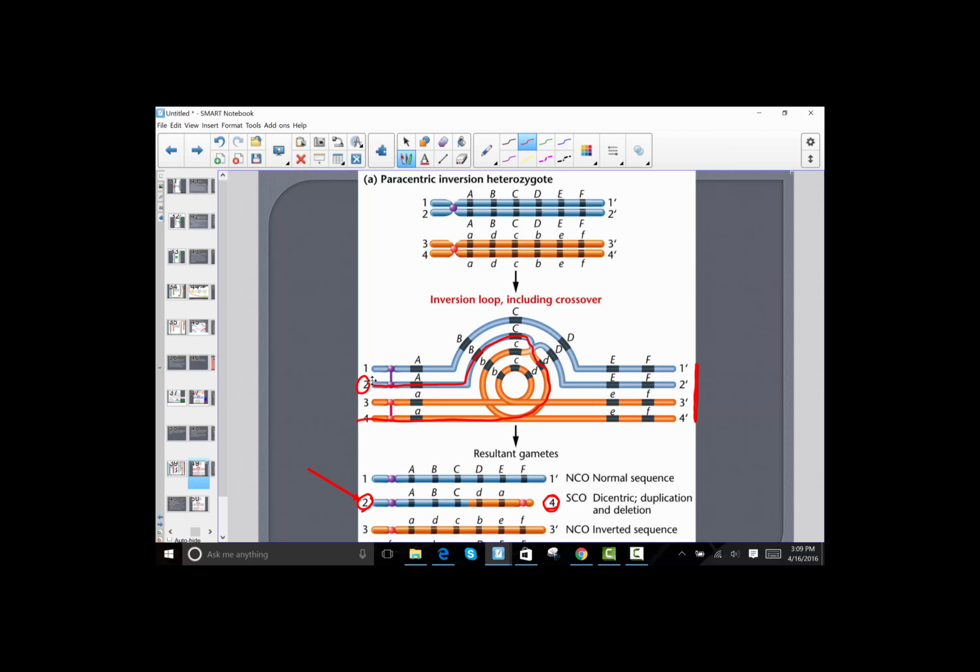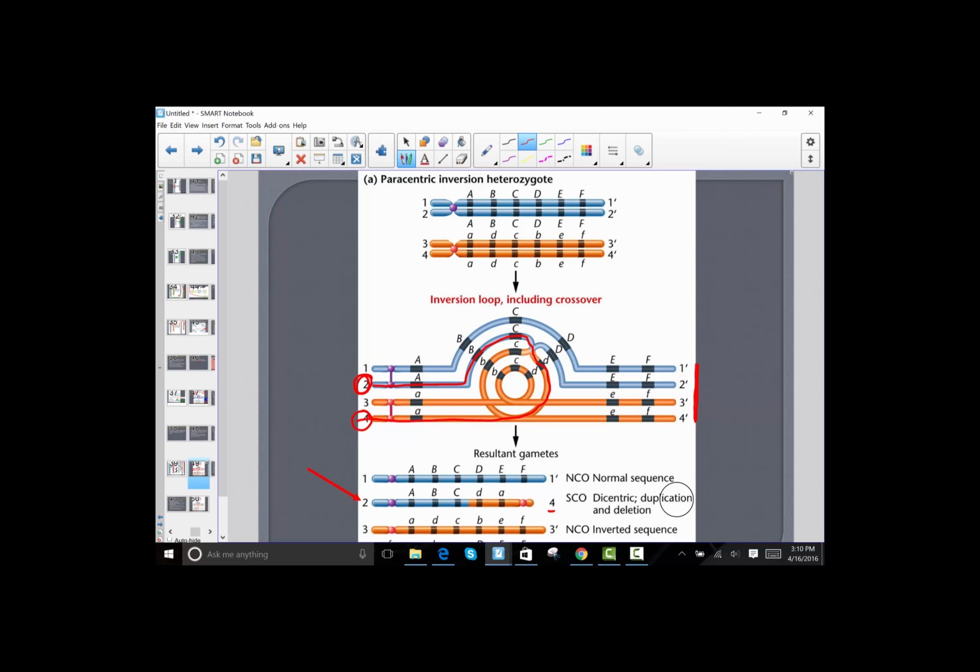We started at the front here, and we went back to the front here because of crossing over. So that means that this individual now has 2 centromeres. So this is a crossing over and dicentric duplication. So notice that we have 2 A's and a deletion of E and F. Okay.